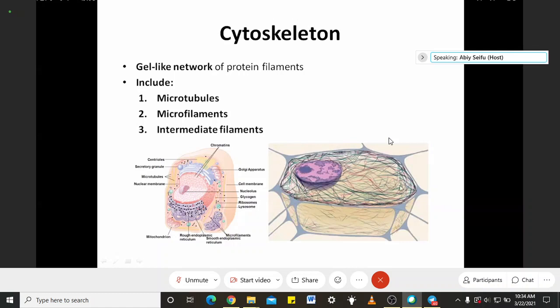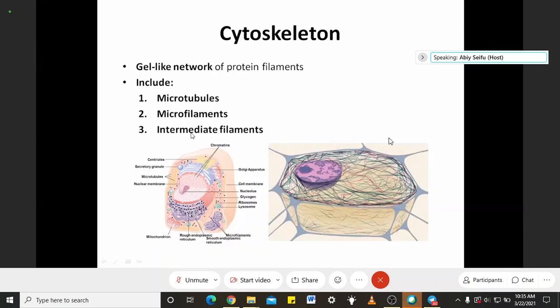In this diagram, you can see a network of differently colored filamentous structures. Think of all these as filamentous proteins of different diameters and different natures. They belong to microtubules, microfilaments, and intermediate filaments.